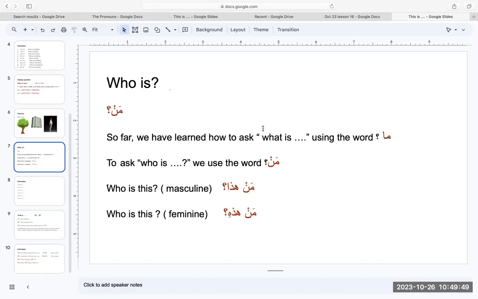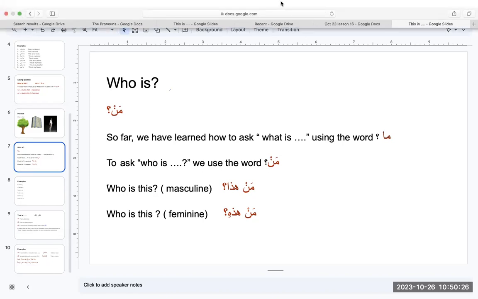But to ask again using هذا and هذه, ما, you will use it to ask about names, about things. But once you ask "who is this?", asking about a human being, or you say, for example, "who did that?", you are going to use men.